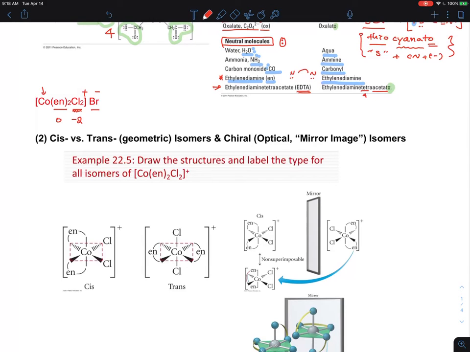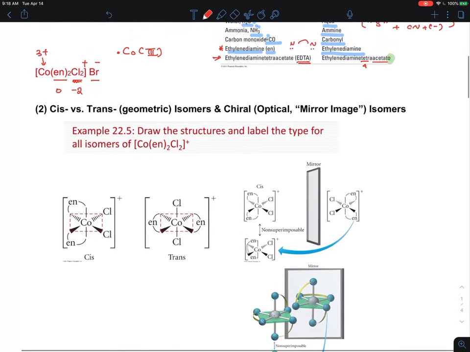The cobalt here must be 3 plus. So cobalt is 3 plus. That's the first one that I know.